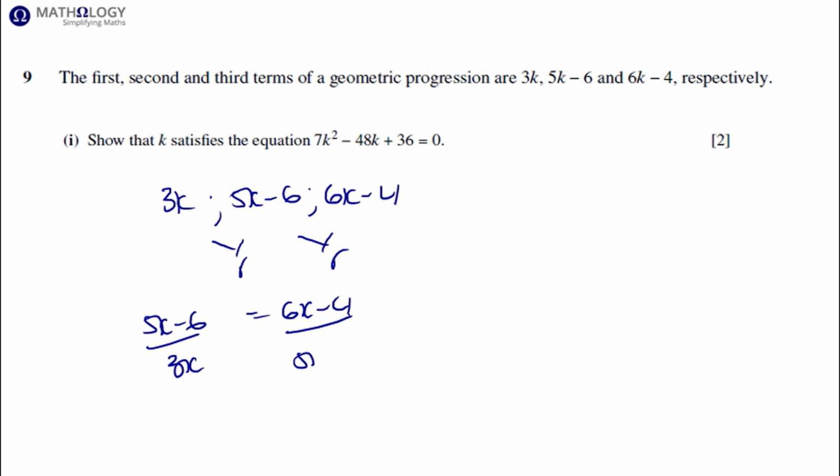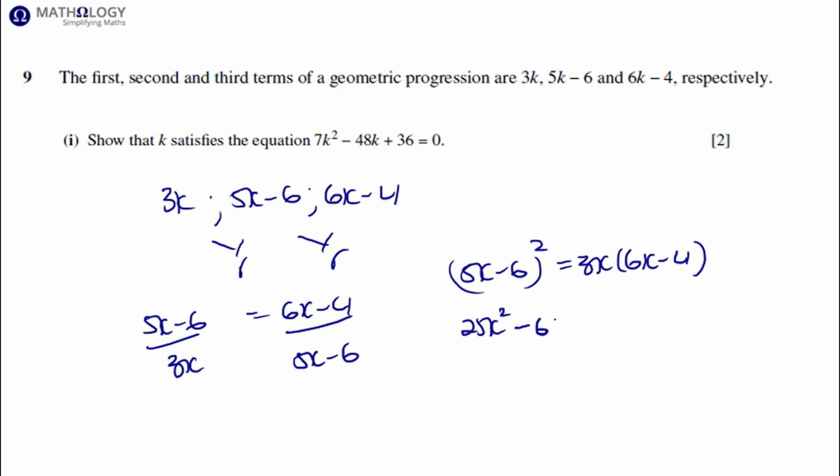Therefore, (5k minus 6) all squared equals 3k times (6k minus 4). 25k squared minus 60k plus 36 equals 18k squared minus 12k, and therefore 7k squared minus 48k plus 36 equals 0.